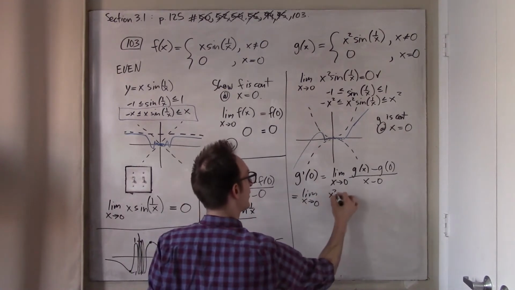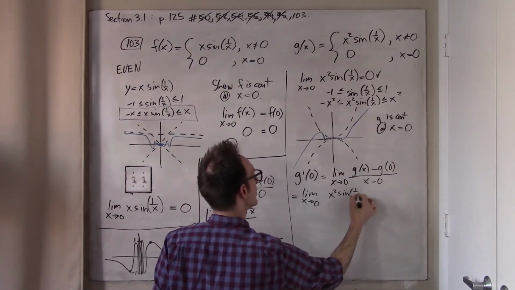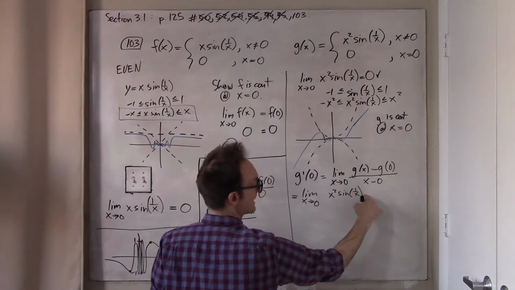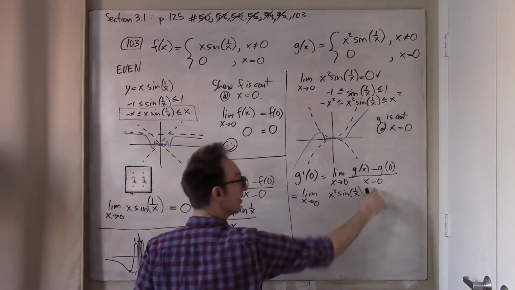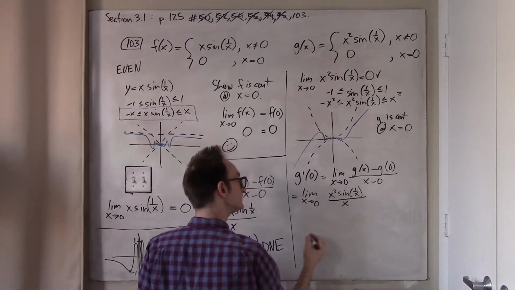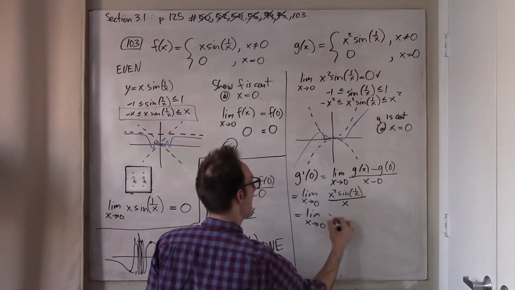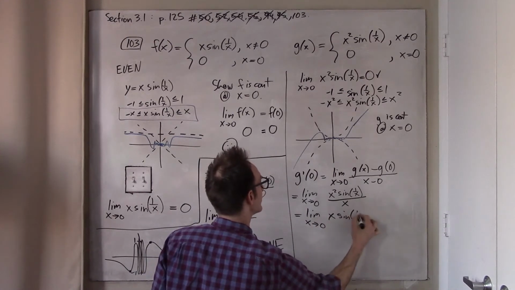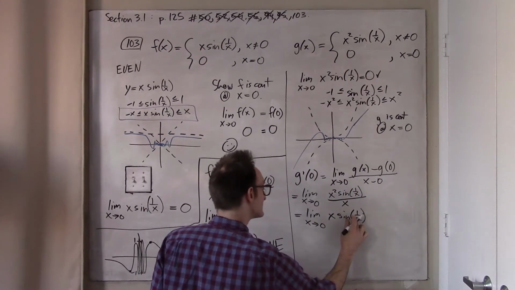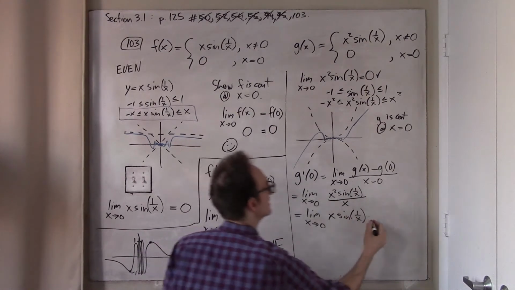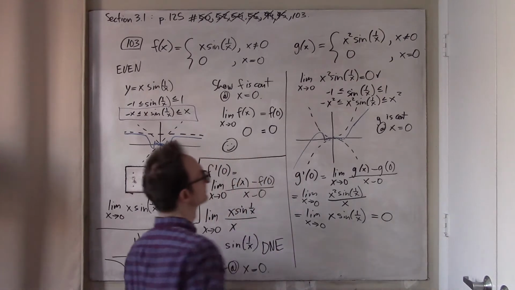It's x squared sine 1 over x, minus g of 0, which is 0, over x. And that is the limit as x goes to 0 of x sine 1 over x. And this limit is 0.